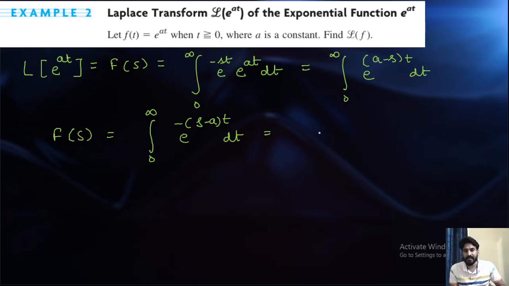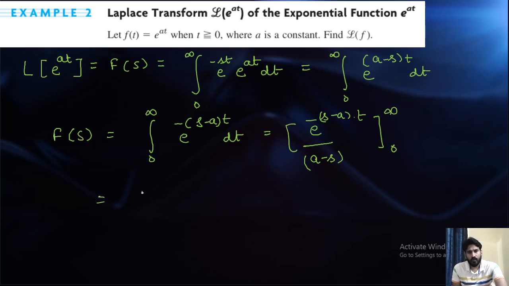What is the integration of it? I hope there is no problem in the integration. So it is e raised to power minus s minus a into t divided by a minus s. Now we will put the limits.